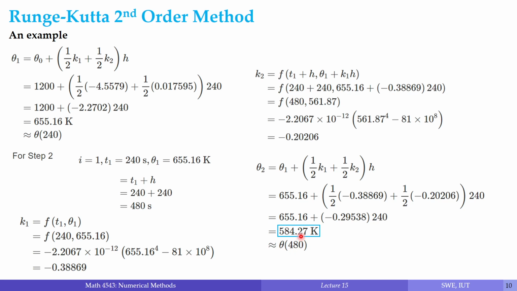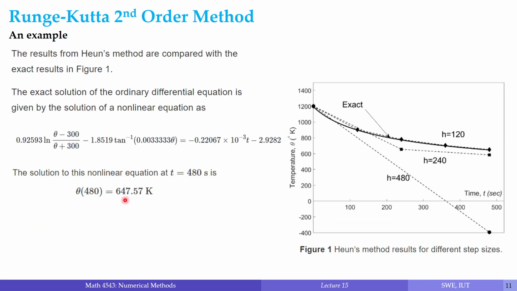RK2 method using Heun's approach, we can say that these two values are very far apart, right? So whatever approximation that I have come up with is somewhat good or not a very good approximation. Okay, it depends on your standard basically. So one thing that we can do is, why not decrease the step size, right?